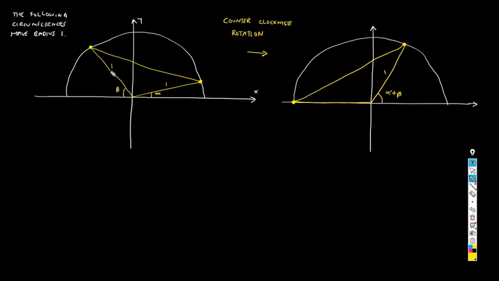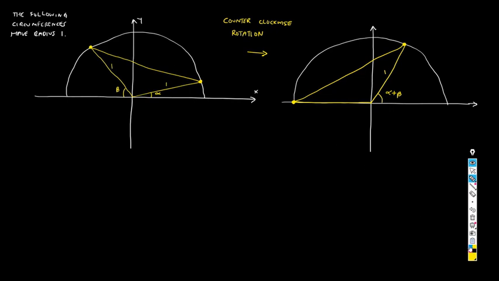Why? Because beta will be decreasing to 0, and alpha will be increased by the same amount that beta reduces. If beta reduces completely, this angle alpha will increase by beta. So therefore, this new angle will be alpha plus beta. Perfect. We're getting closer to the development of the demonstration.